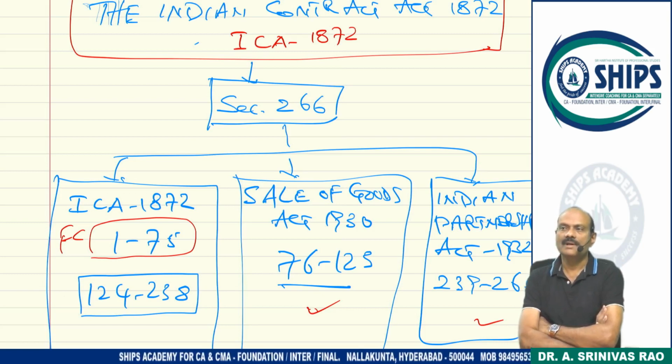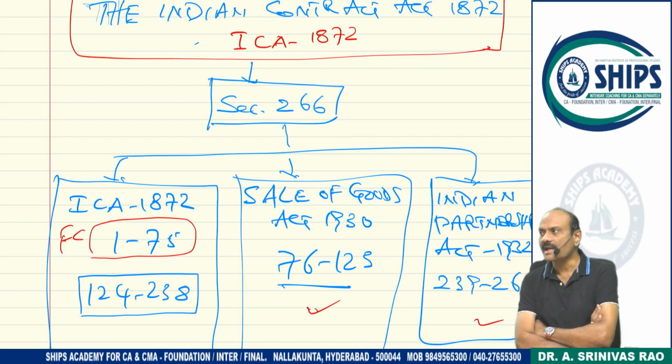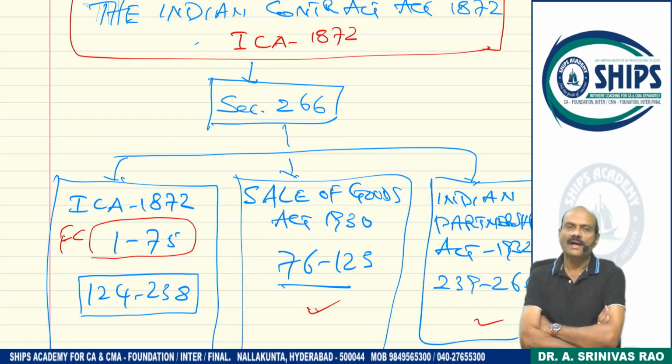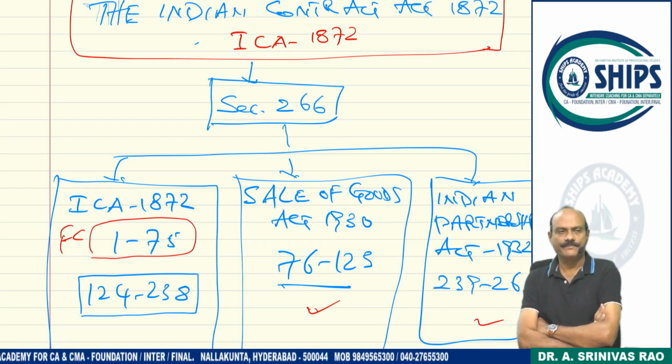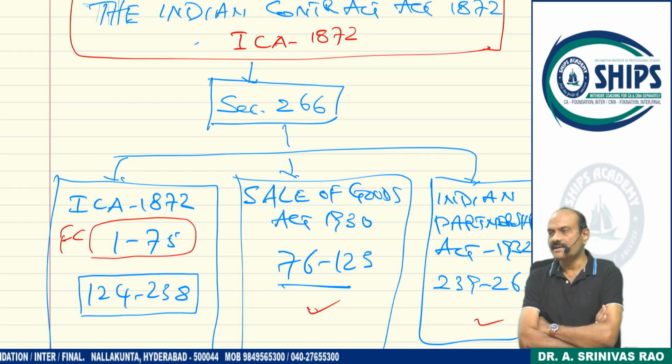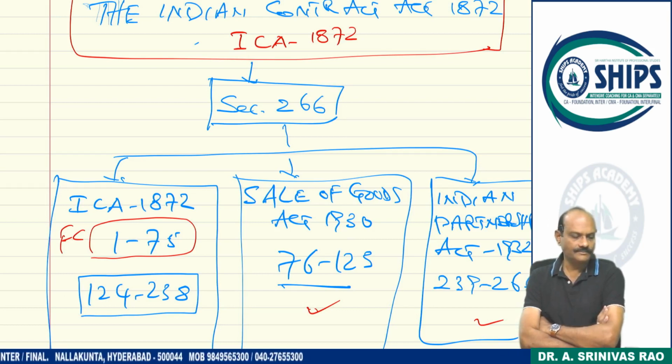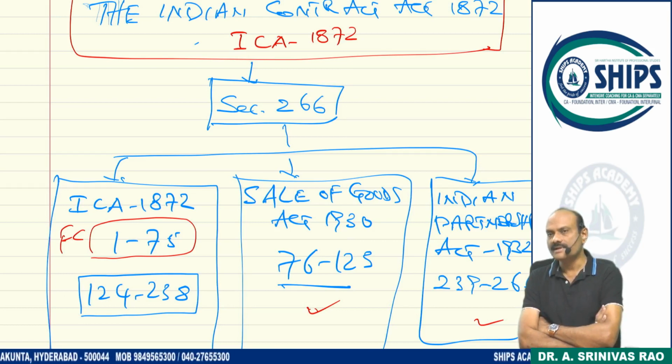Repealed means cancelled, comma, and enforced as the Sale of Goods Act 1930.